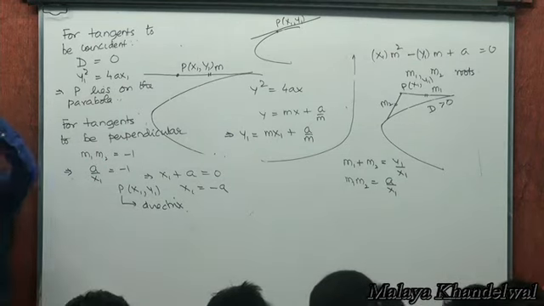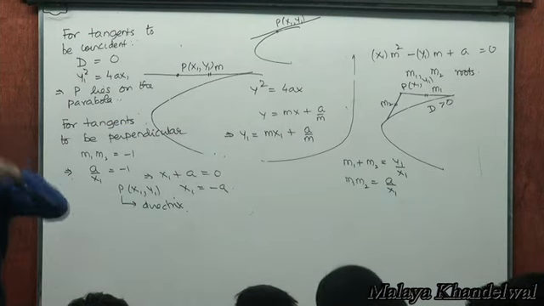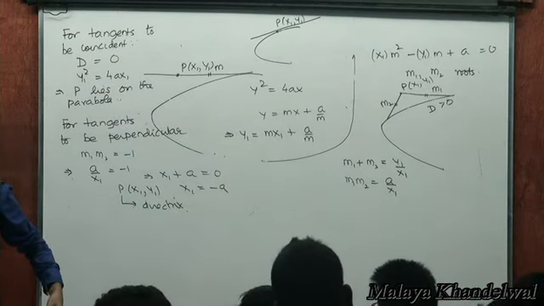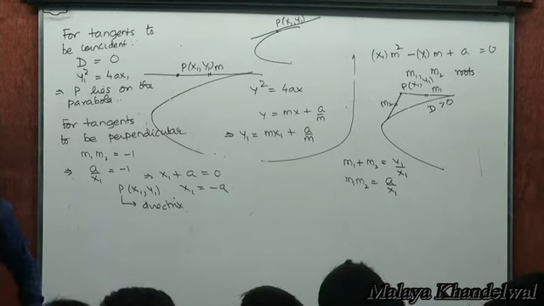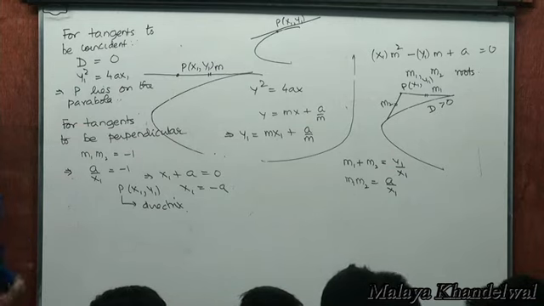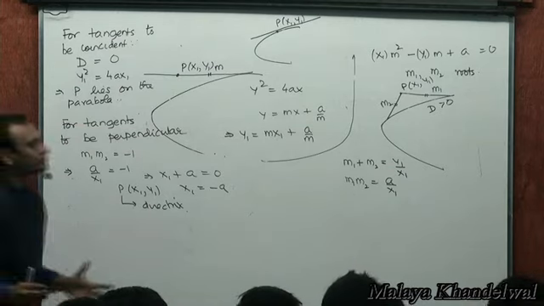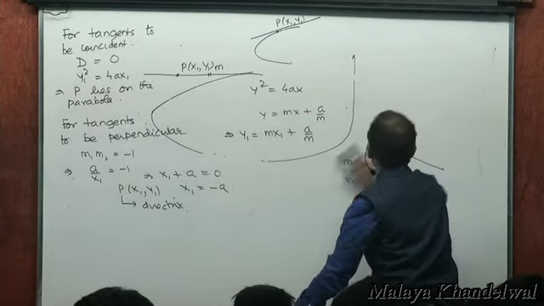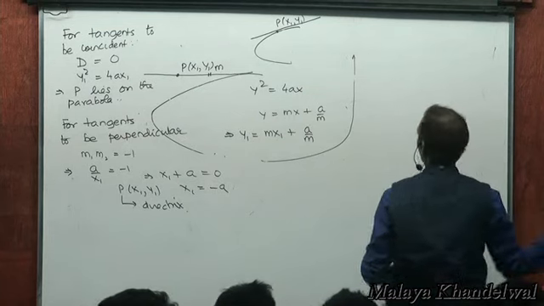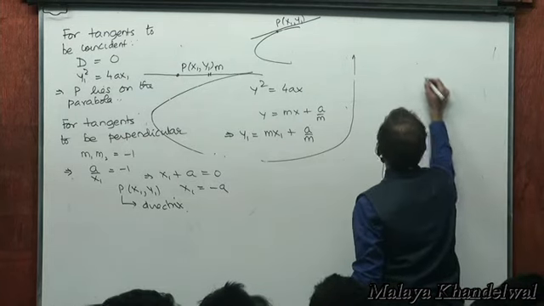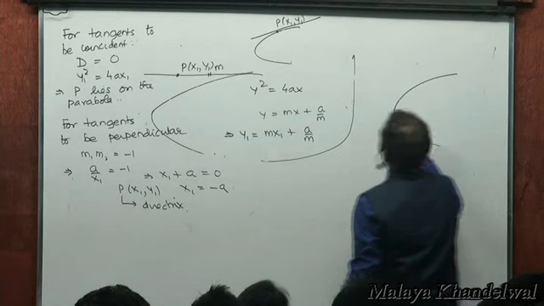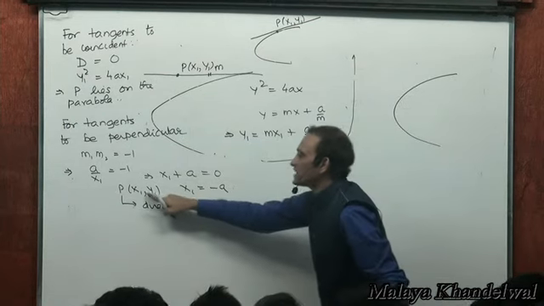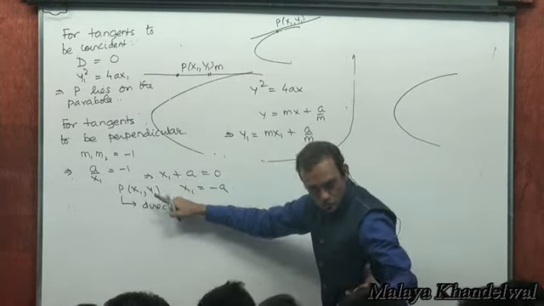That means if you took any point on the directrix and drew two tangents to the parabola, then the two tangents ought to be orthogonal or perpendicular to each other. Am I going too fast or is it okay? So if this was the parabola, x1 equal to minus a means x1, y1 must be on the directrix x equal to minus a.